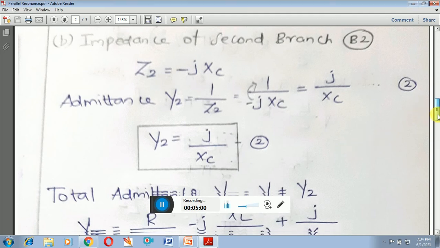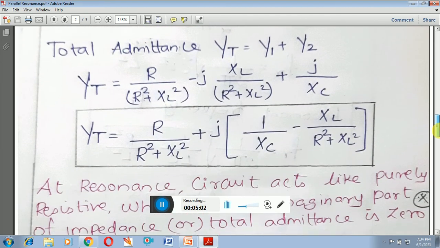Now the total admittance can be written as Yt equal to the addition of Y1 plus Y2. So Yt is equal to R by R squared plus XL squared minus j XL by R squared plus XL squared plus j divided by XC.